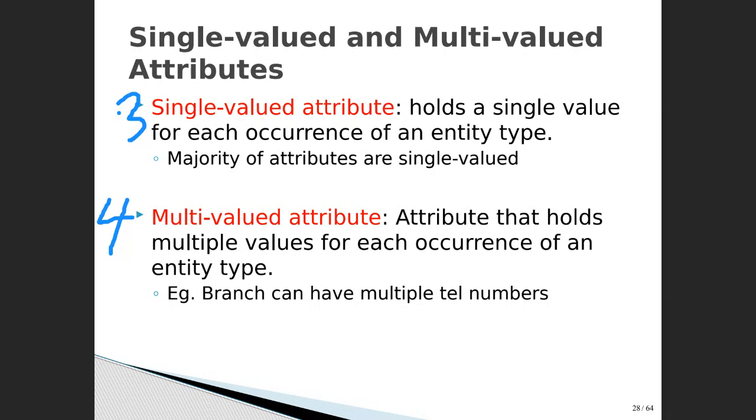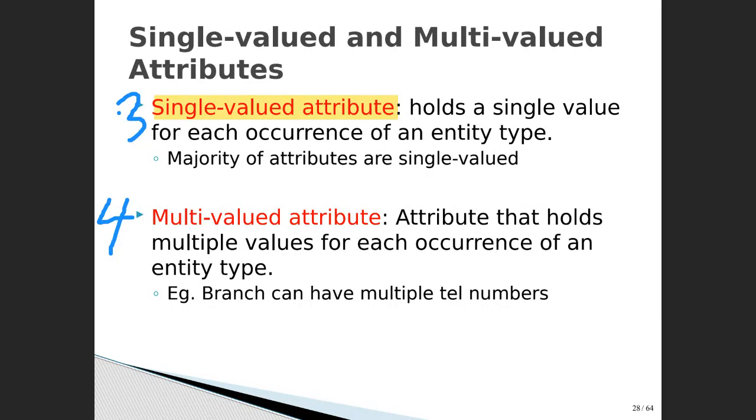You will find out now. So simple, how many components? One. Composite, more than one, multiple components. A single value attribute accepts one value only.